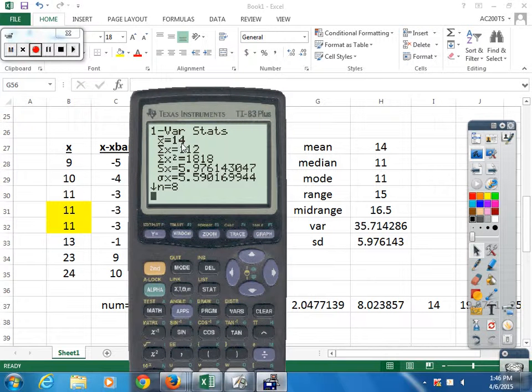Your mean is 14. Go down. It should give you your standard deviation. There it is, 5.97. See the S right there? Sx, 5.97.